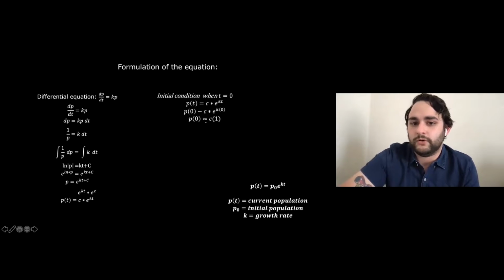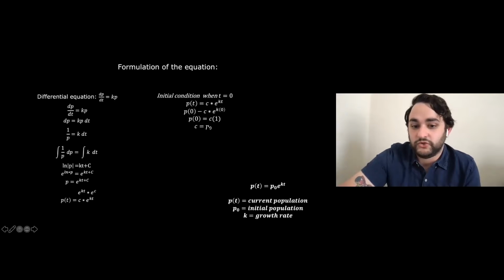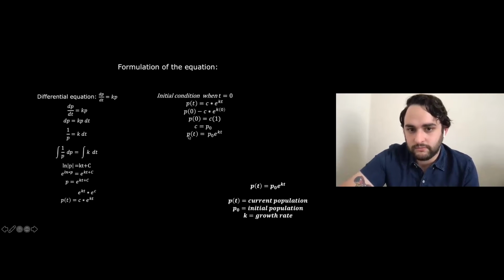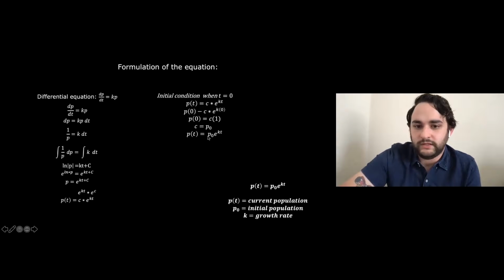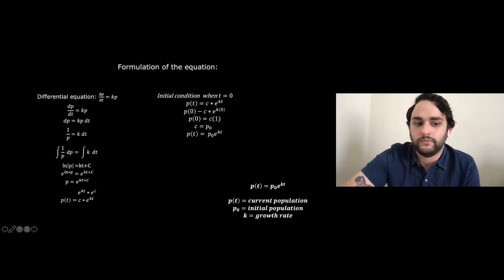So you have p(0) equals c, and that shows you that c is the initial population. So you could write the current population p(t) equals the initial population p0 times e to the kt, which is the growth rate and time.